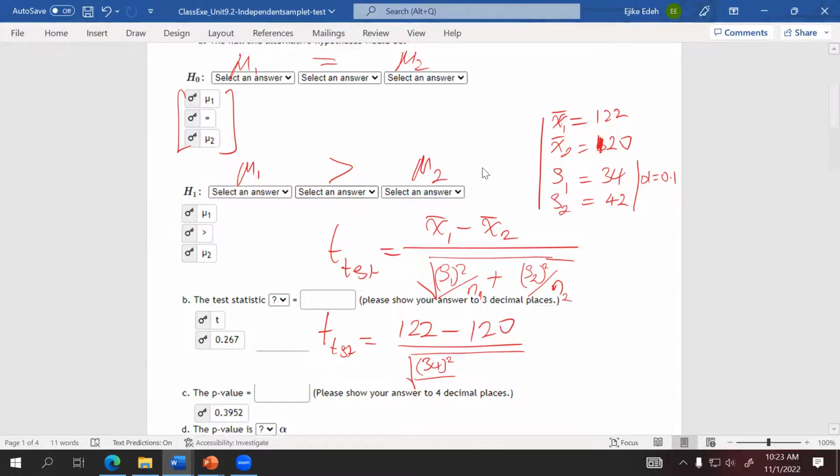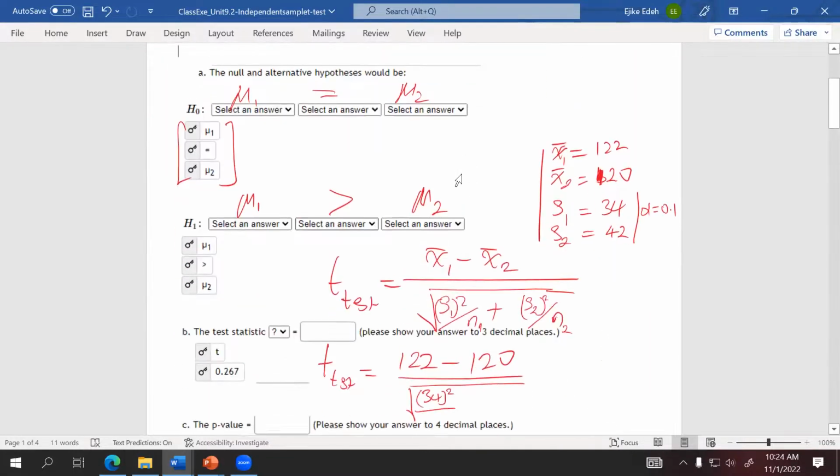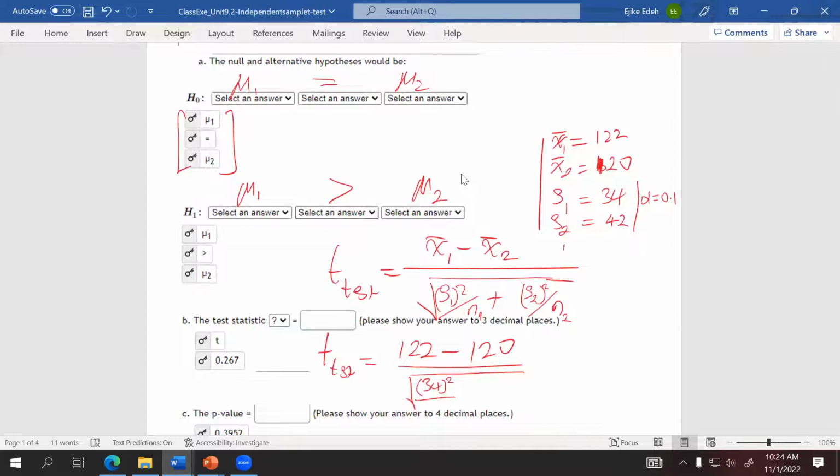Okay, we didn't pick that up. Let's pick the values of n. It says here 55 shoppers were randomly selected for Thanksgiving, and 50 persons were randomly selected for Christmas. So N1 is 55 and N2 is 50.